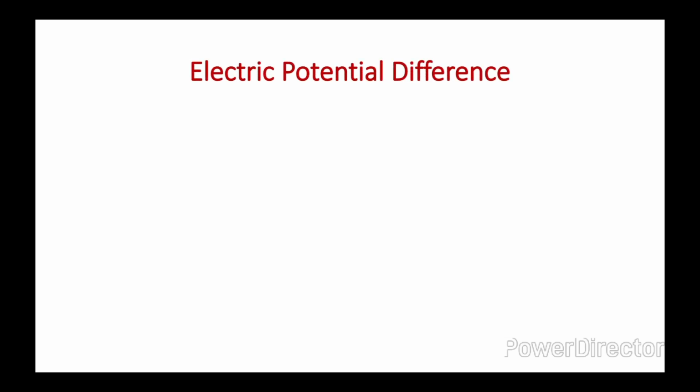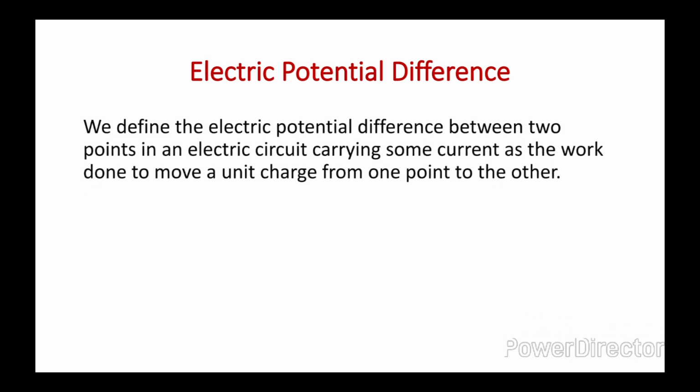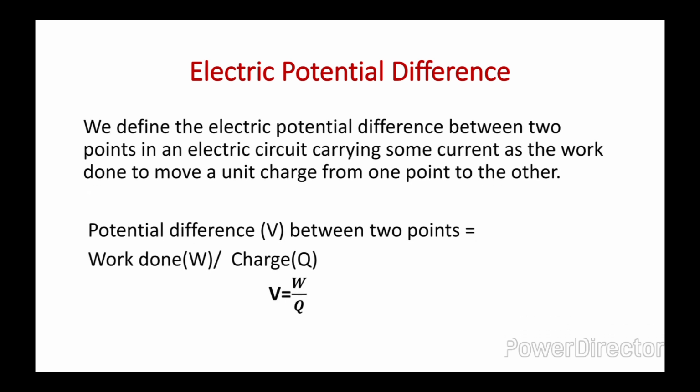Next concept is electric potential difference. How do we define the potential difference, or electric potential difference? Both are the same. What do you mean by potential difference? It is the work done to move a unit charge from one point to another in an electric circuit.